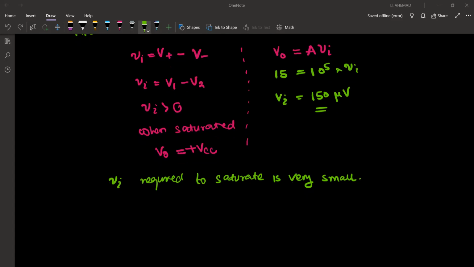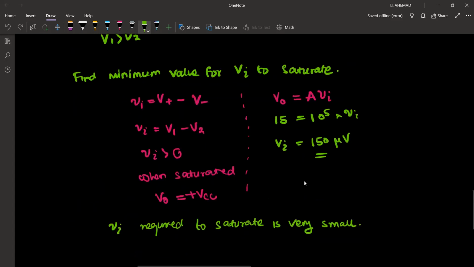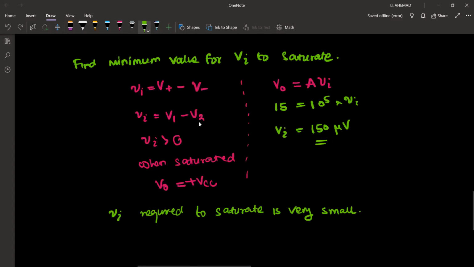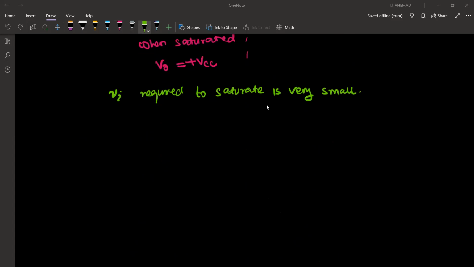Now, due to this fact, for a very small voltage, it gets saturated. Can I use the open loop configuration as an amplifier? Will it be suitable? Is the open loop suitable for amplification? It is not. We cannot use this one as an amplifier, but still this one has a good application.